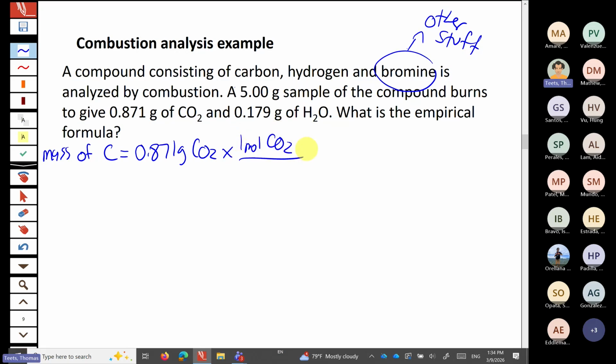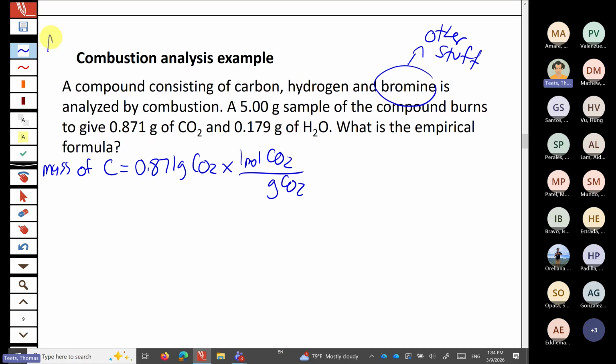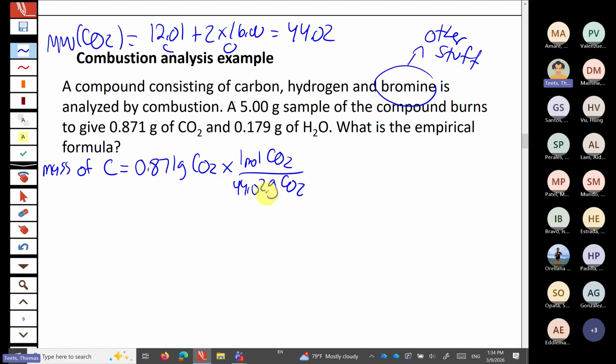And for that, we use the molar mass of CO2, or the molecular weight as it's sometimes called. So for CO2, we have 1 carbon in the formula, 2 oxygens. So when we add those up, we get 44.02 grams per mole. Okay, so we're going to use 44.02 grams per mole as the molar mass of CO2.